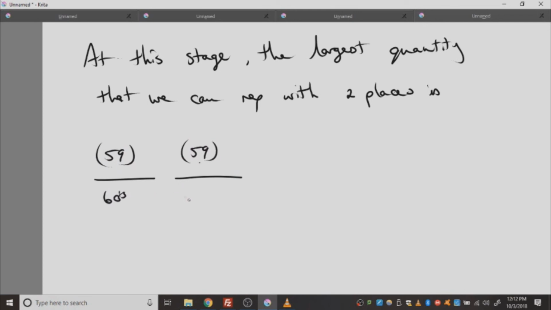This will be our 60s, this will be our 1s. That's the largest number you can make, right? That would be 59 groups of 60, because any single place cannot go above 59. That was their rule. That is what they decided. That is set in clay, not going to change. So 59 groups of 60 plus another 59. So that is as big as you can get, 3599.